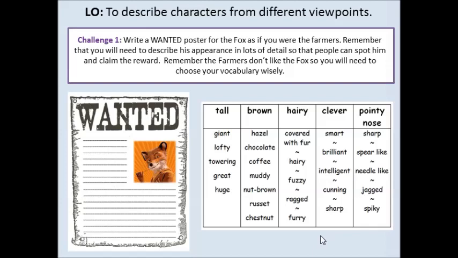And remember, we're going to use all of that negative description that we were talking about earlier. So to help you with this is what a wanted poster could look like when you design your own. And here are some alternative words and vocabulary to help you describe the appearance of your fox.